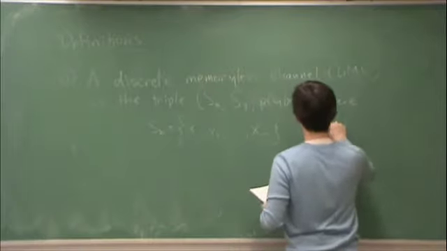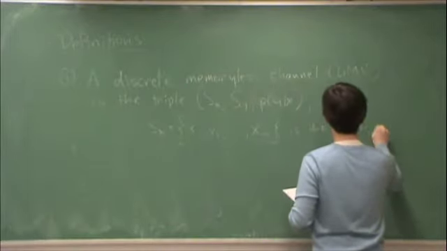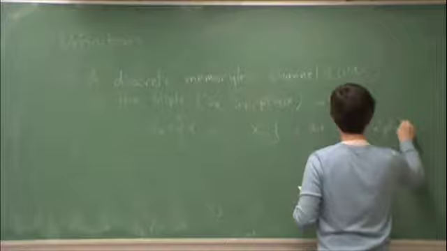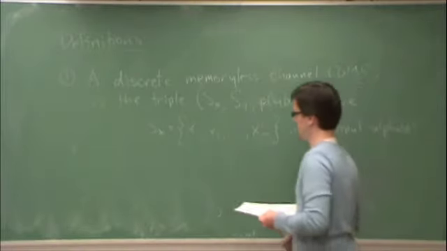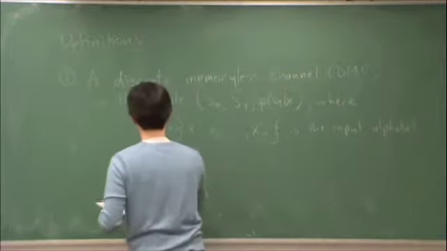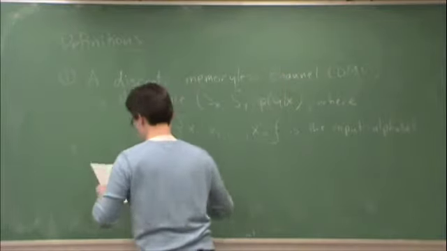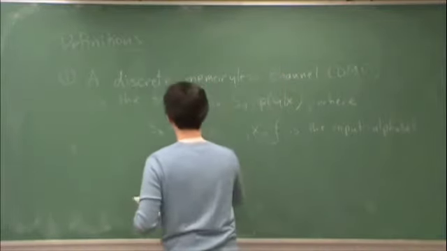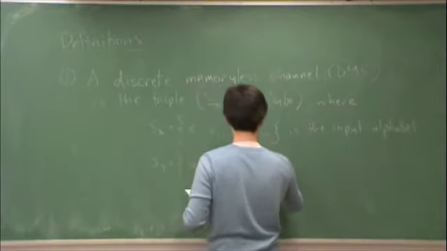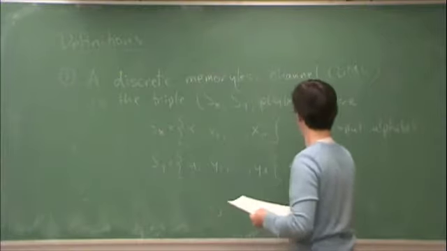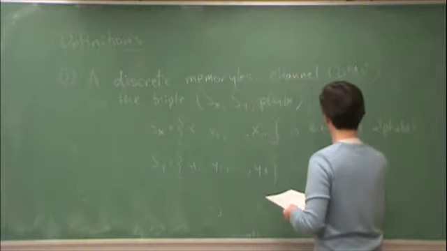So these are the symbols that the encoder is allowed to generate. Sy is y1, y2, and so on up to yl, is the output alphabet.